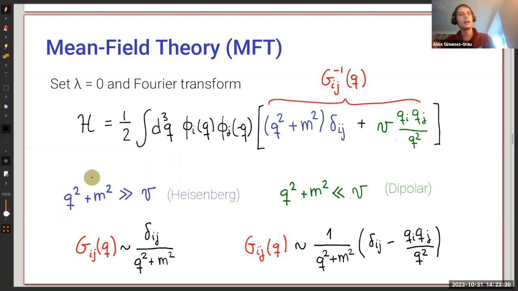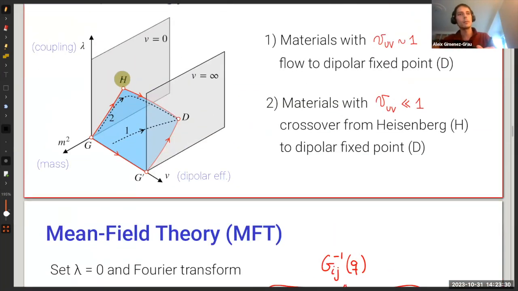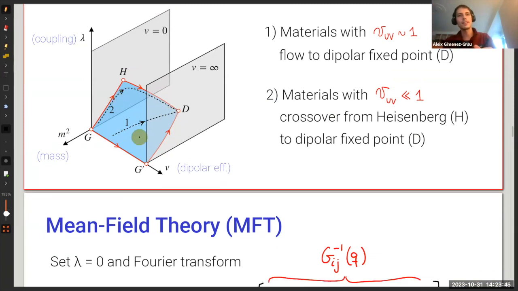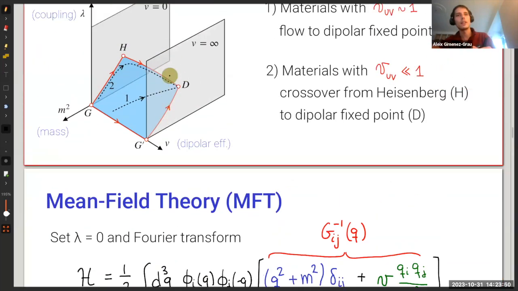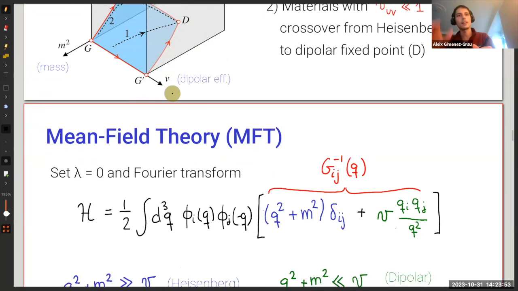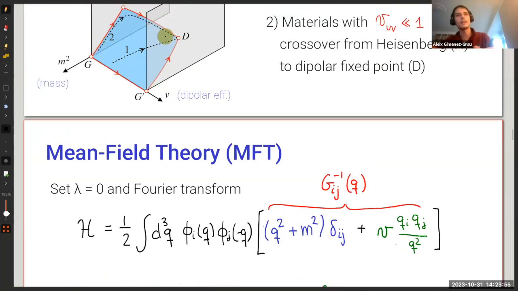So doing an RG flow means changing the relative size of this term compared to this term. The claim is that if you look at the propagator and your parameters are such that Q squared plus M squared is large, then you are going to be in this regime. If instead you tune your experiment such that Q squared plus M squared is smaller than V, then you're going to be near this point. That's quantitatively what it means to have these different types of trajectories.